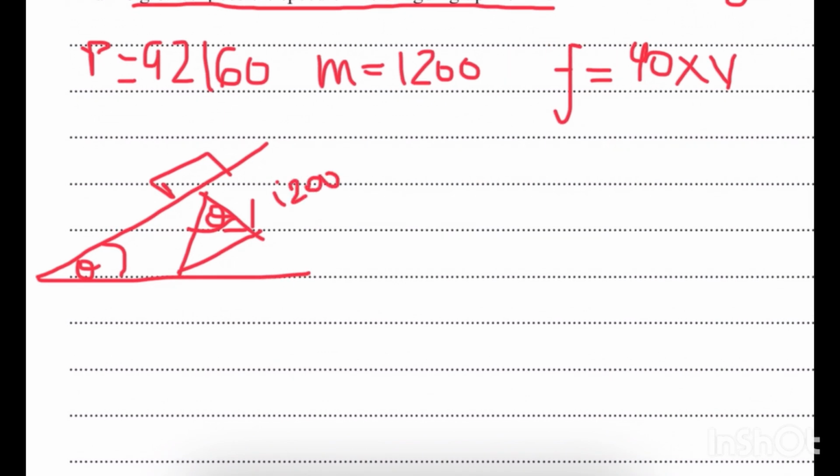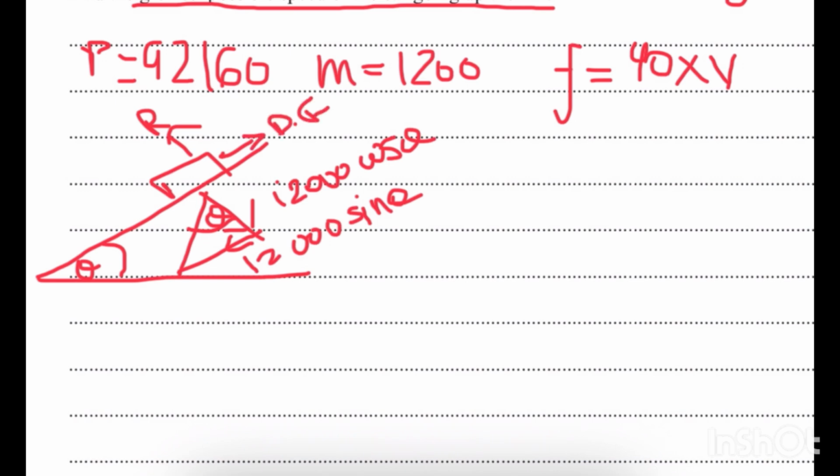So this will become 12,000 cos theta, and this will become 12,000 sin theta. There is an R, which is the normal reaction. Then since the car is moving upwards, this will be the driving force pulling it upwards, and since friction operates in the opposite direction of movement, the friction will operate backwards.